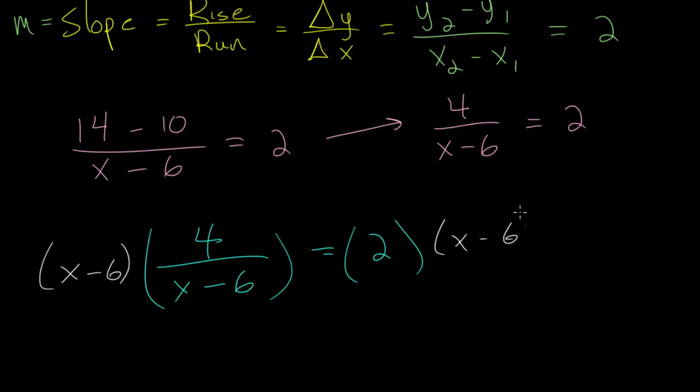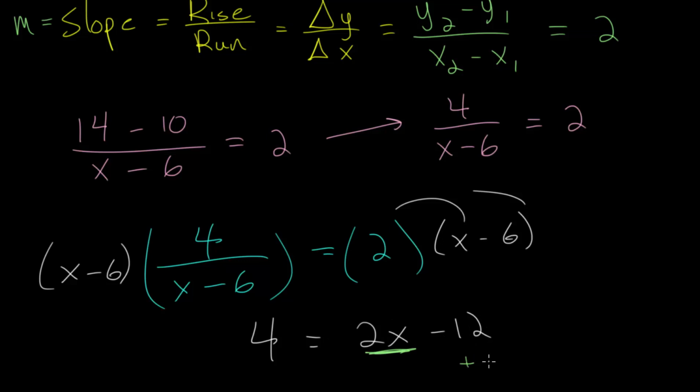By doing so, on the left-hand side, they will cancel each other out so that we just get 4, since something divided by itself is always 1. So we get 4 is 2 times x minus 6, and I will distribute that so that we get 2x minus 12. And now we just have a two-step equation, so we need to isolate the variable term.